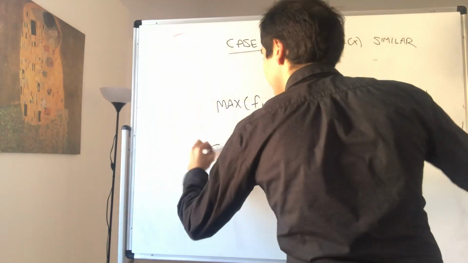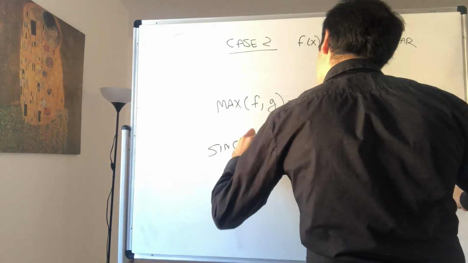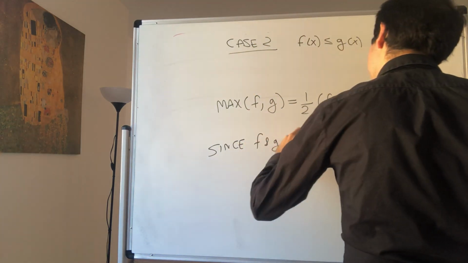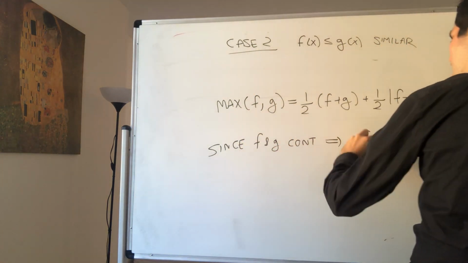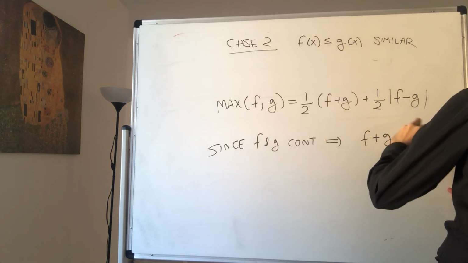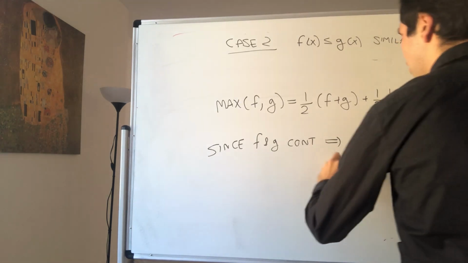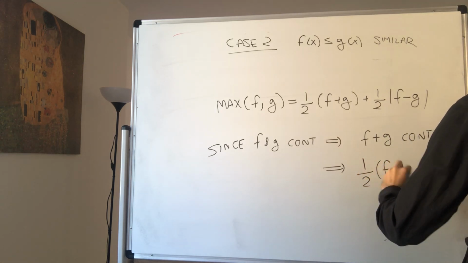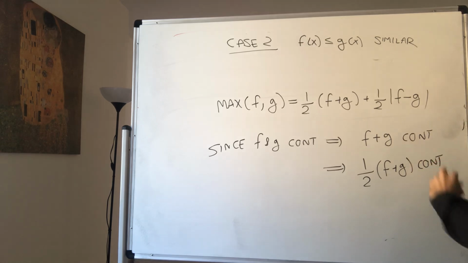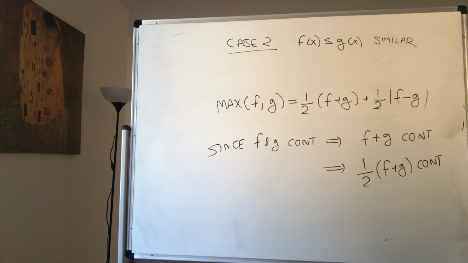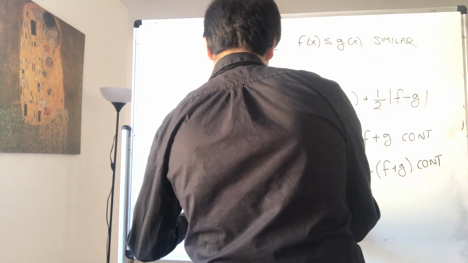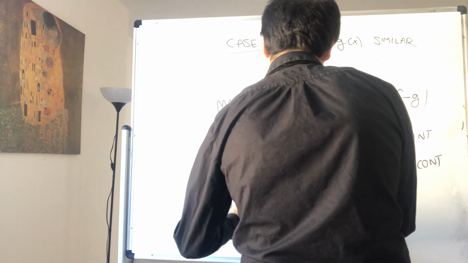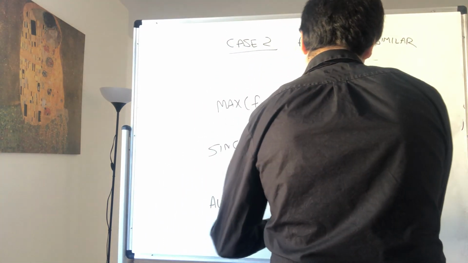Since f and g are continuous, what we get is f plus g is continuous as the sum of two continuous functions. So 1/2 f plus g is continuous. On the other hand, we also get f minus g is continuous.